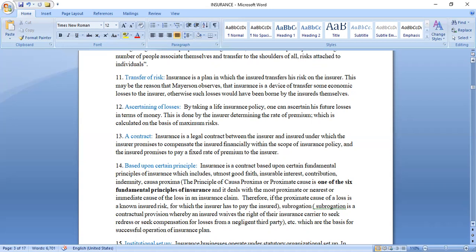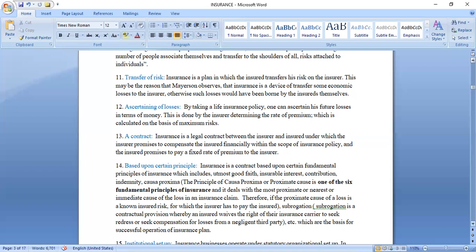So we are going to realize later on under the principles of insurance that, for example, when a fire has occurred, especially to the property of the insured, the person that took the insurance, it is upon the insurance company to come and verify and get proof of what caused the fire, and the proof must be known.